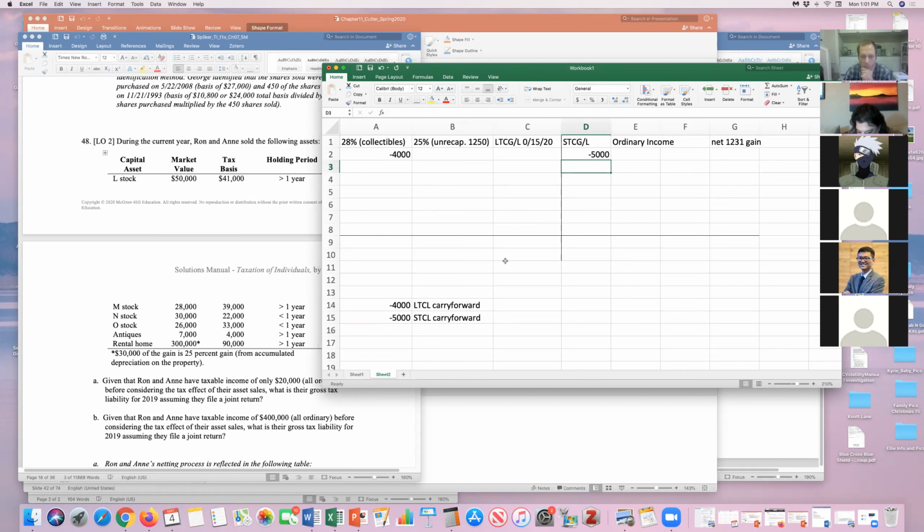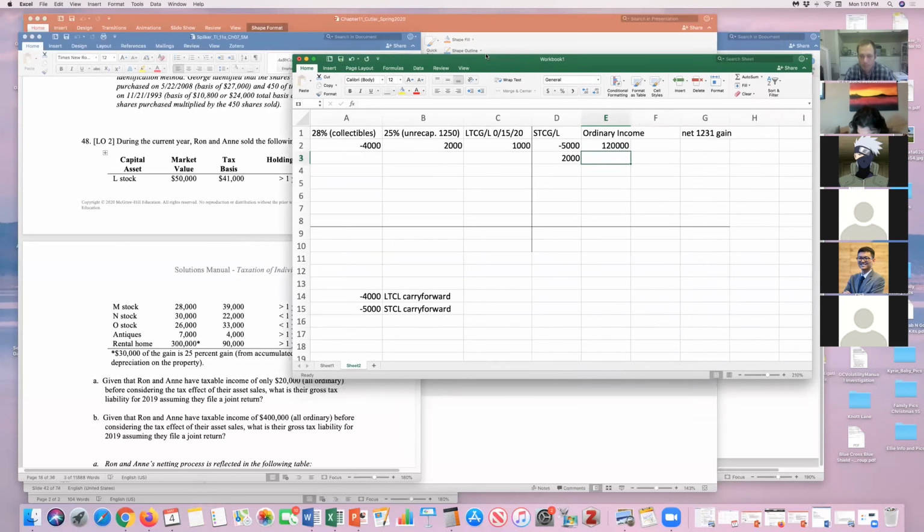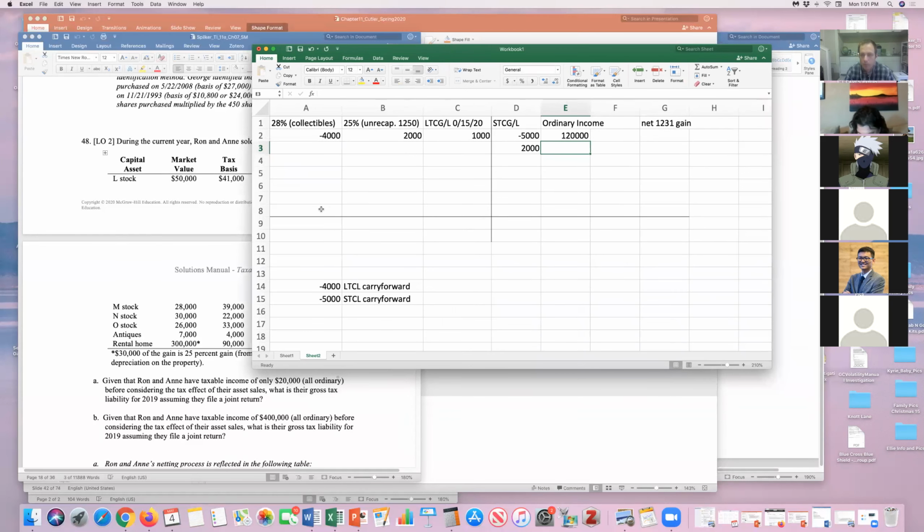So we could throw some other things in here. Maybe they had an unrecaptured gain, and maybe they had a long-term capital gain, and maybe they had a short-term capital gain, and they had some ordinary income.